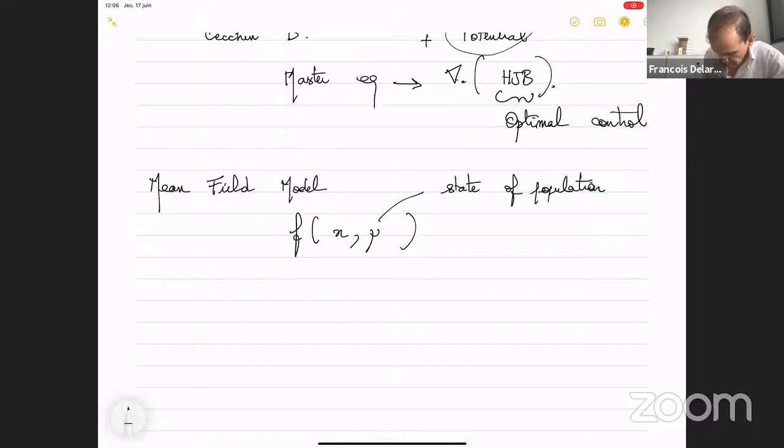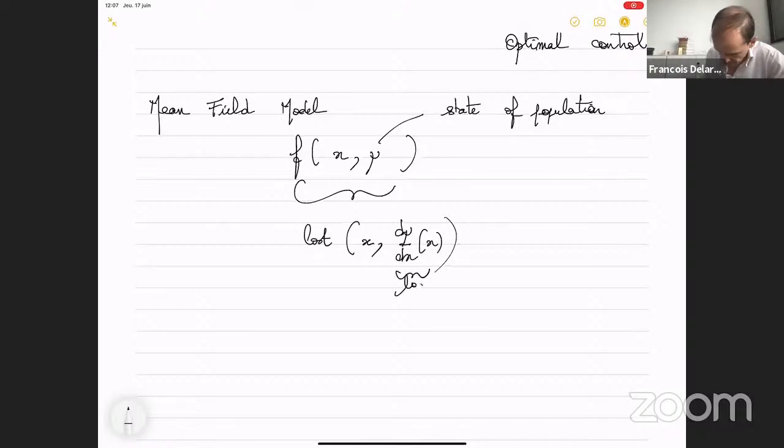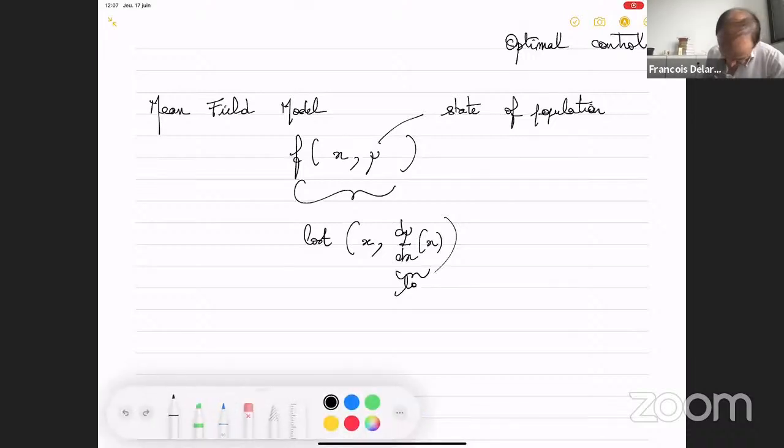Now, what could be absolutely possible, at least formally, is to say this running cost depends on X and mu, and I could make it a function of X and the local density of my population at point X.